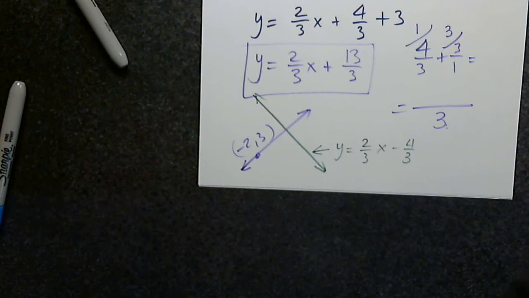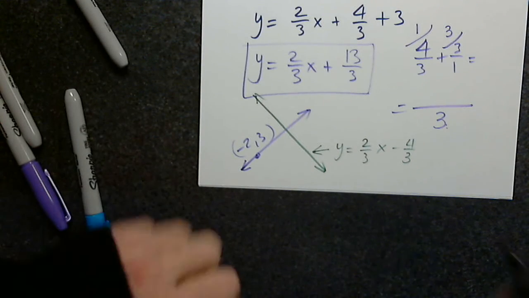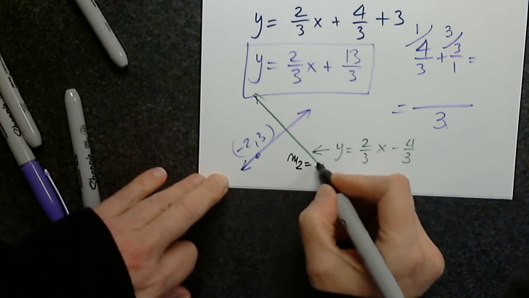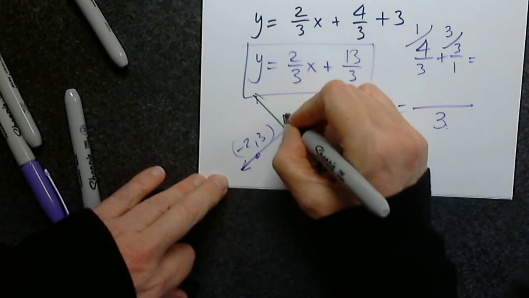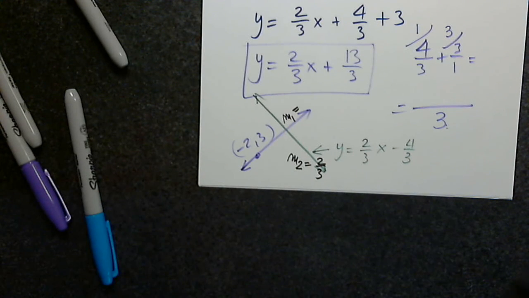The unknown line, whose equation we don't have yet, is perpendicular to the given line. So nothing changes when it comes to the given line. The slope m2 is still 2/3, but now slope m1 is a different story.